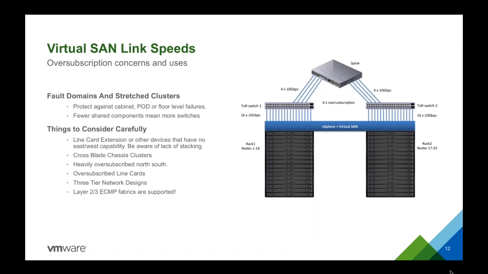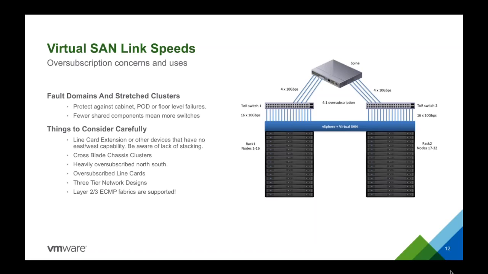If you've got a virtual SAN cluster entirely within one cabinet, going to your top of rack switch or switch stack, you're going to have full port-to-port throughput. But as I mentioned earlier, you may decide to split your virtual SAN up between sites, pods, floors, or cabinets. Because of this, you're probably going to involve more than one switch stack, and at this point you're looking at having multiple switches.